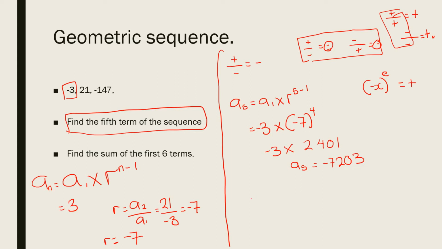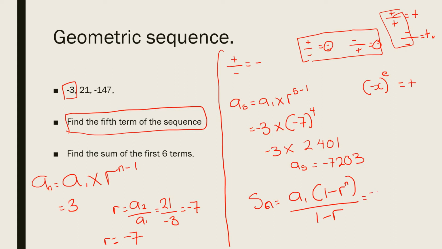Now, find the sum of the first 6 terms, which is S6. What's the formula for finding the sum of the first n terms? Let's put n here. We have A1, then open bracket, 1 minus r to the power n, over 1 minus r. What's our A1?